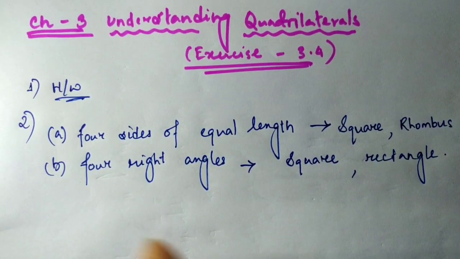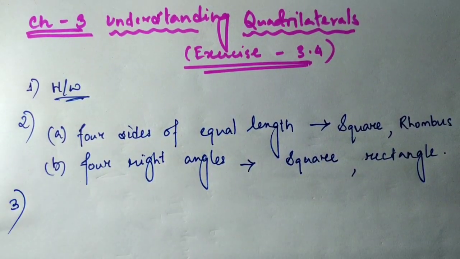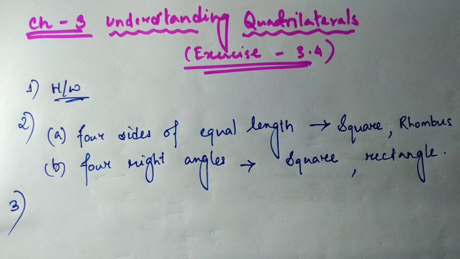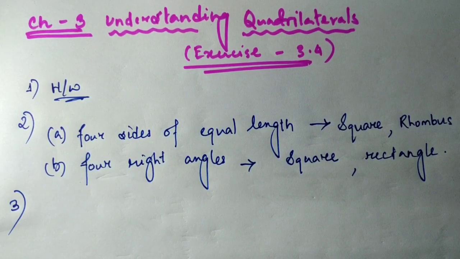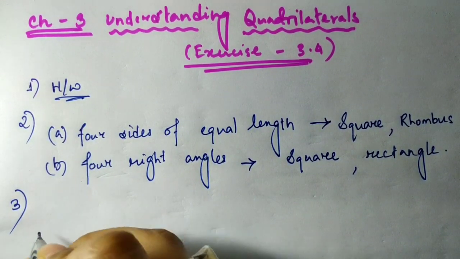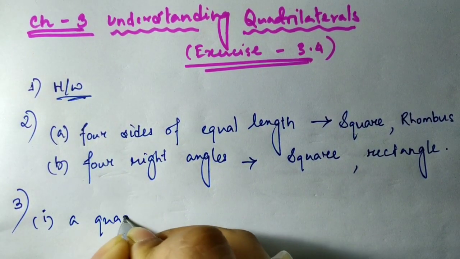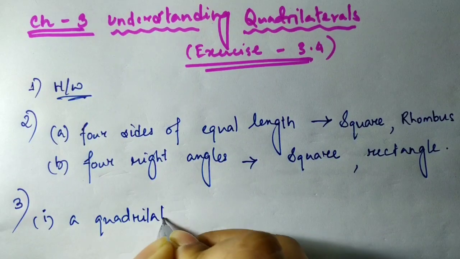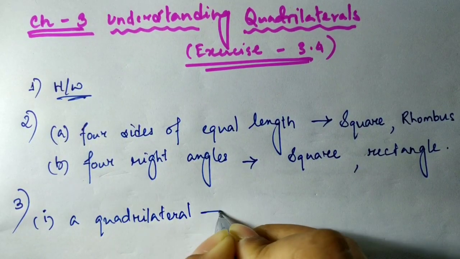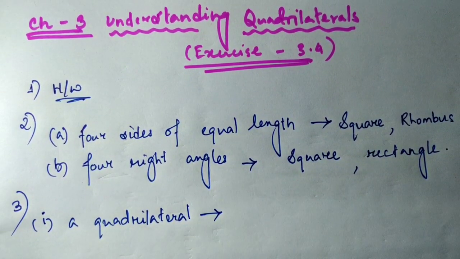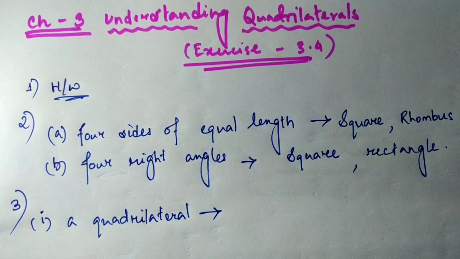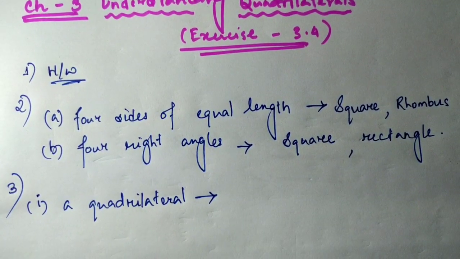Now moving on to question number 3. It's given, explain how a square is, in number 1, a quadrilateral. You can write your own reasons for why you can consider a square as a quadrilateral. I'll be giving you one from here.